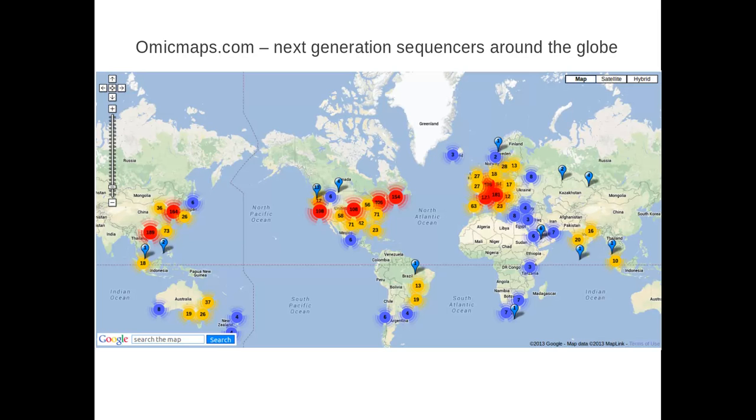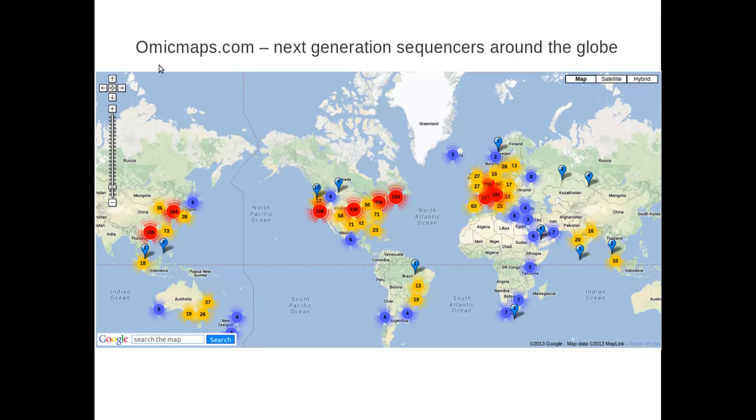The New York Genome Center is starting to, or will, bulk up the number right here in New York City. You'll see 7 over here. This is where I have a close affiliation with my colleagues at NYU Abu Dhabi, and so I actually added our facility there to the omics map, representing our HiSeq and our PacBio and other machines that we have there.